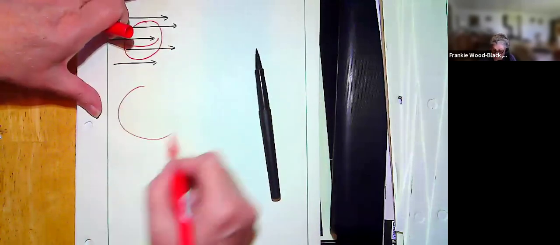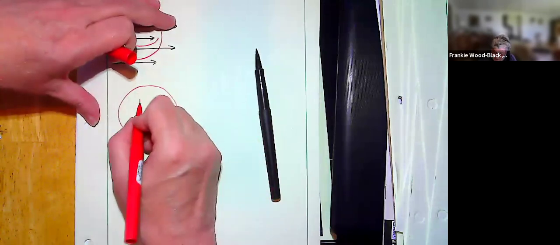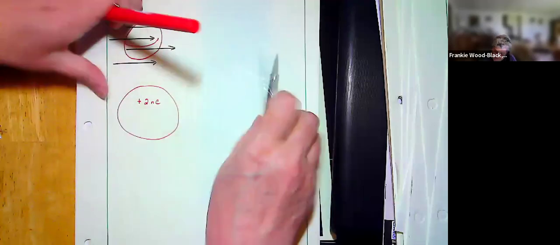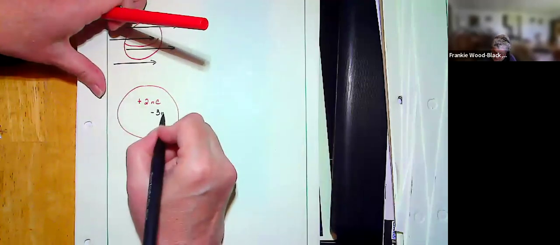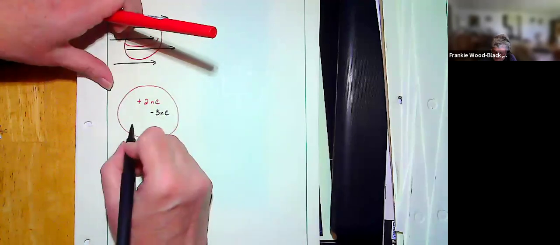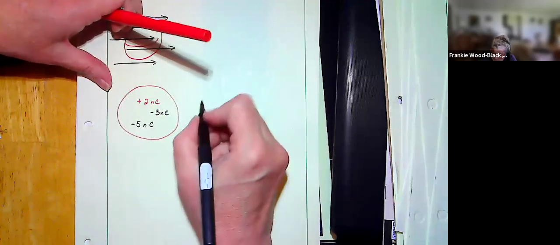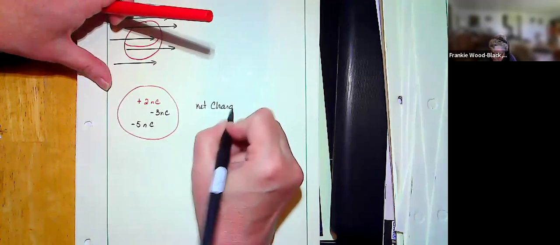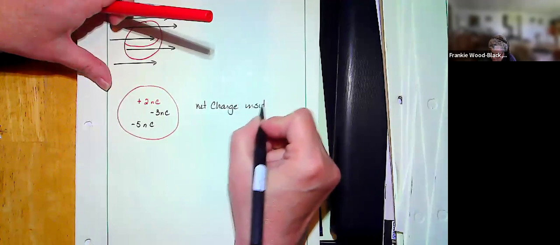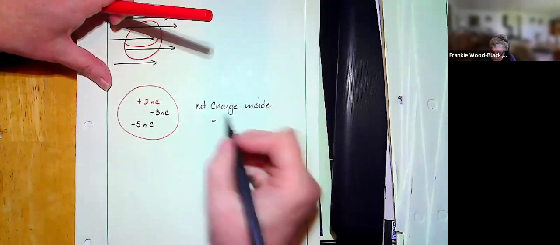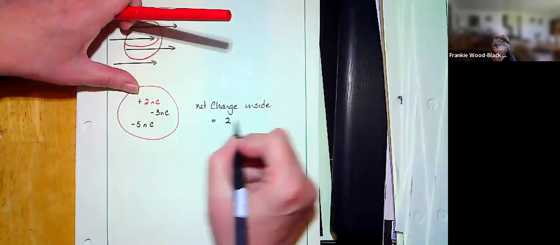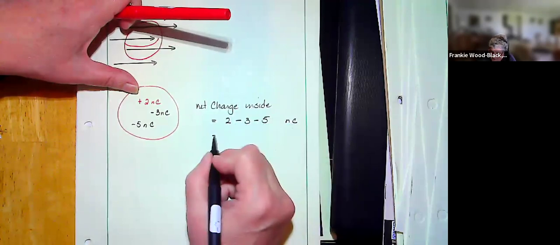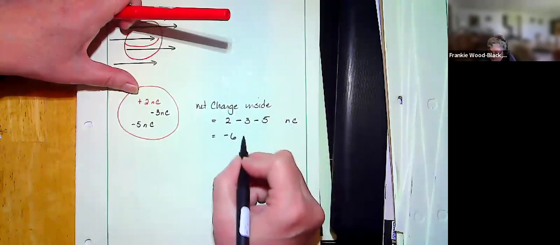But if I have my sphere and I put in here a plus 2 nanocoulombs, and I'm going to go ahead and use black for negative, and I got one negative 3 nanocoulombs, and I got a negative 5 nanocoulombs, the net charge inside is going to equal 2 minus 3 minus 5, and this is all nanocoulombs. So I get minus 6 nanocoulombs.